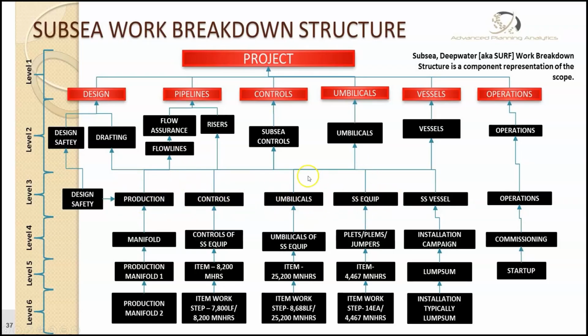So the umbilicals discipline lead, the umbilicals being the braided cable that sits on the ground, and it has power and control cables within it. It's a very, very large cable, but that's what controls the equipment, things like that. And then you have the type of work, the item itself, and then the work steps.